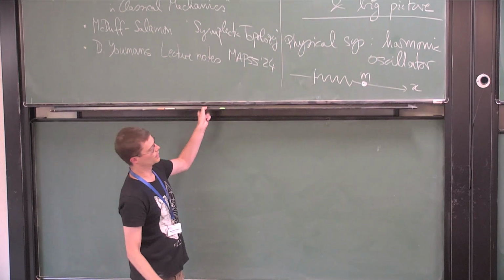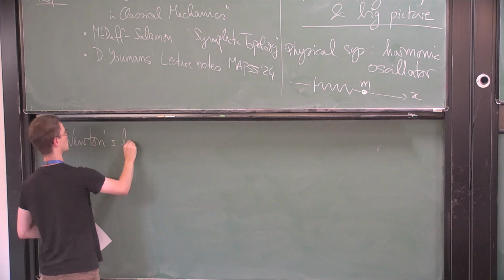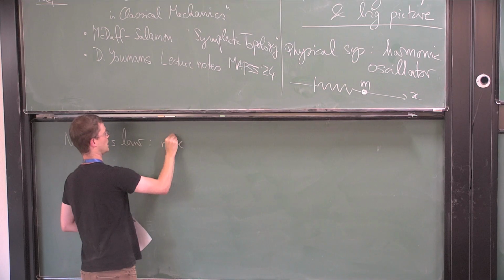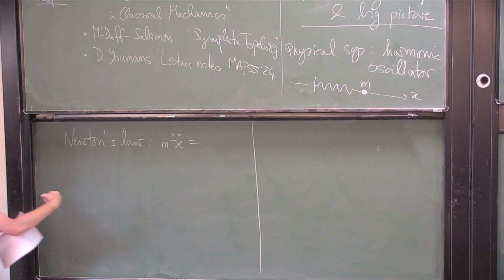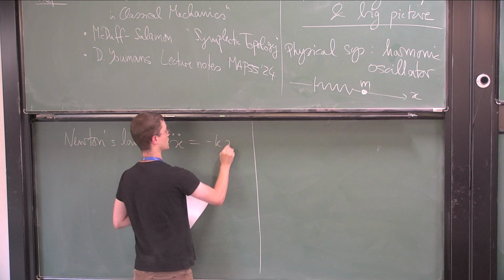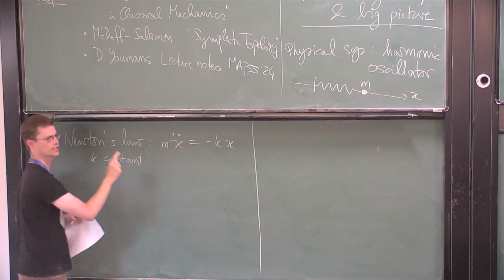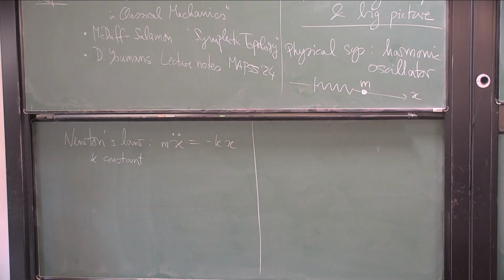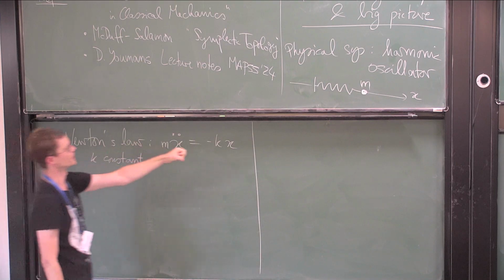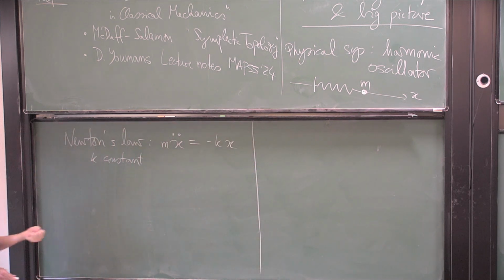When you write Newton's law, you get m x double dot, the second derivative with respect to time, equals the force, and the force is proportional to minus kx. k is some constant which depends on the spring. So the spring can move, and the farther you get, the more force you feel. It tries to get back to the initial situation.